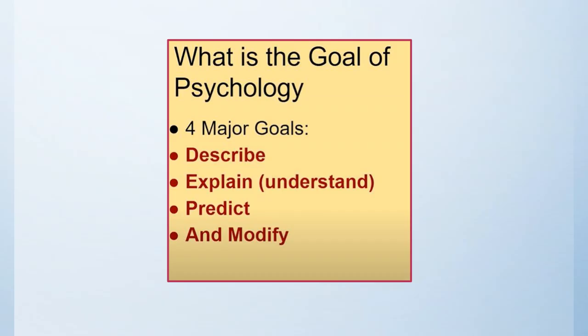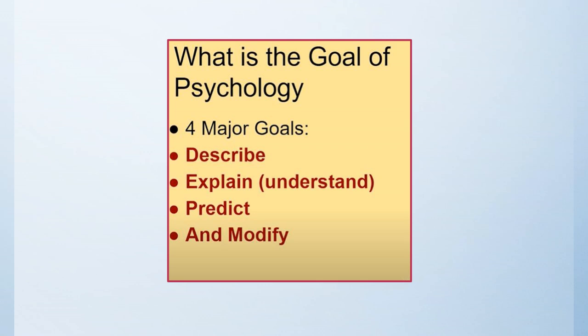So the goal of psychology, when we look at it from that perspective, we have really 4 main goals. We need to be able to describe something that happens. Okay, we need to explain and understand why that has happened, why that particular behavior might have happened.